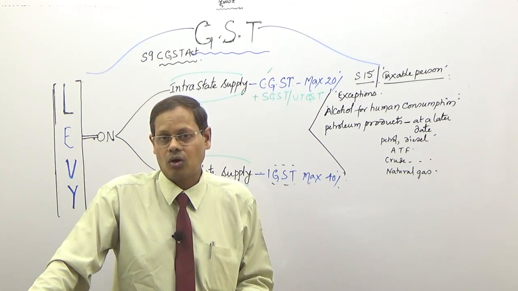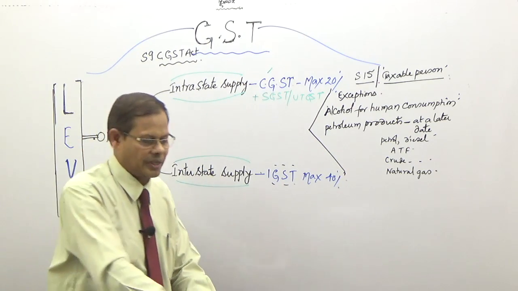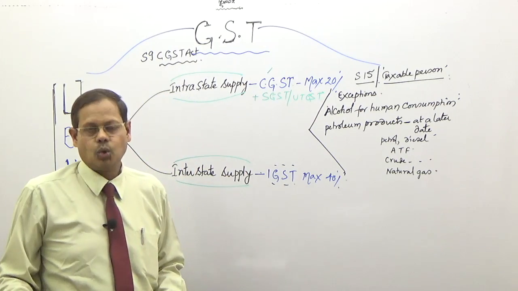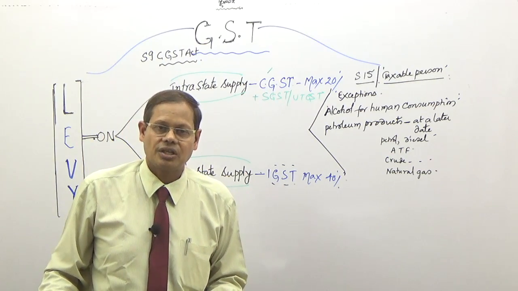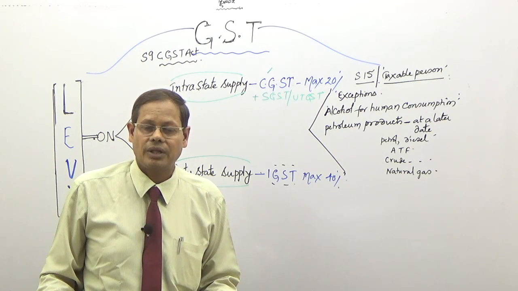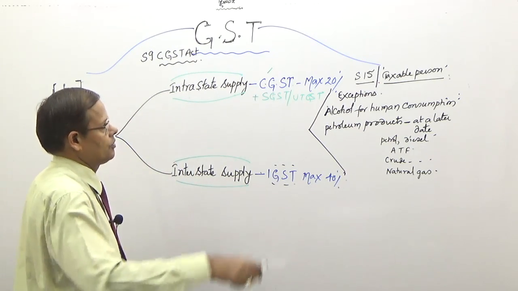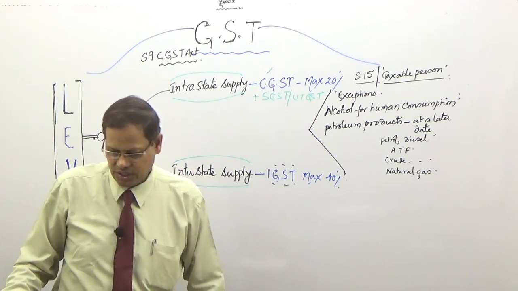That is also called reverse charge mechanism, RCM. There are 3 categories of people who are required to pay GST under reverse charge mechanism, even though they are not supplying, even though they are receiving, they are recipients, still they are liable to pay GST. That we will look into. So, right now this is the information.